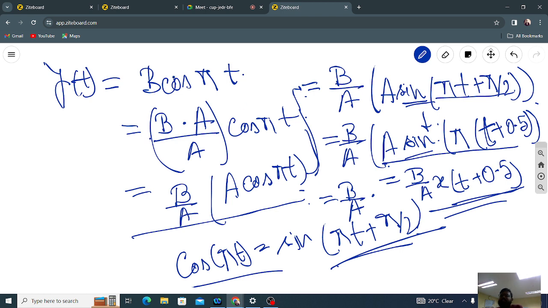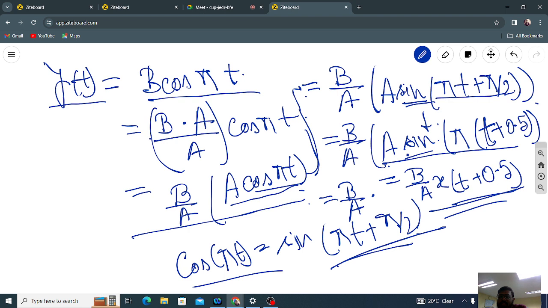So again, I'm just telling the steps. First, y t is equal to b of cos pi t, then we multiplied the numerator and denominator by a factor of a, then we took the b by a factor outside, and it is a of cos pi t. Now we replaced cos pi t by sin of pi t plus pi by 2.